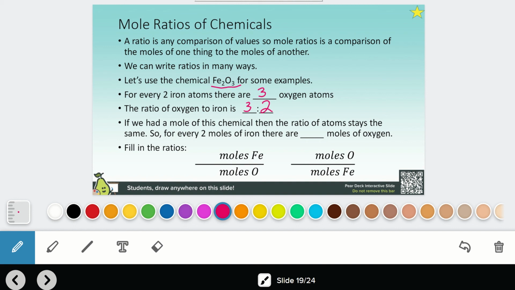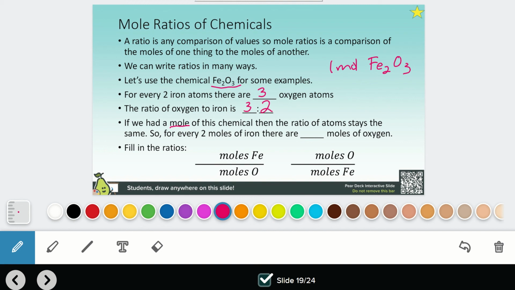Now we don't want to just look at individual atoms, because individual atoms are microscopic. We can't see them with our eyes. They're too tiny to deal with. We're never just going to use one molecule of a chemical. We're going to use a whole lot more. So if we instead had 1 mole of Fe2O3, then the ratio of our atoms stays the same.